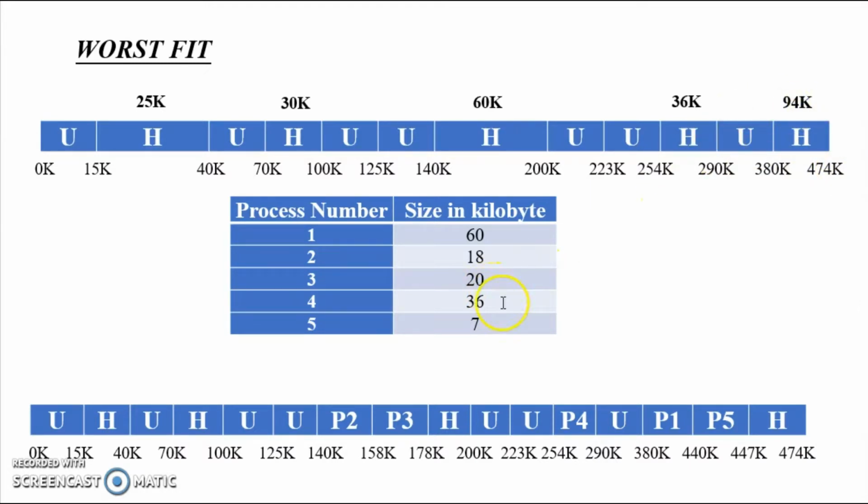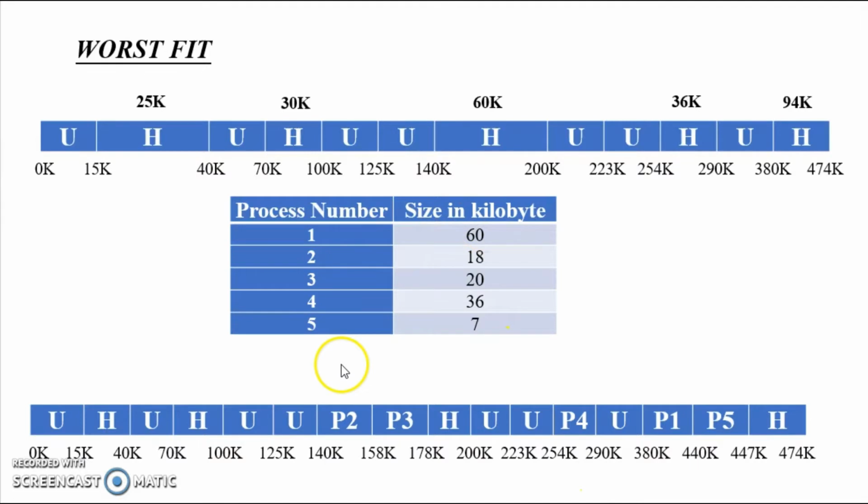So this time we place our process number 4 at the fourth hole, which is 36 kilobytes, the largest hole left for now. So we place it at the fourth hole, which starts from 254 kilobytes until 290 kilobytes.